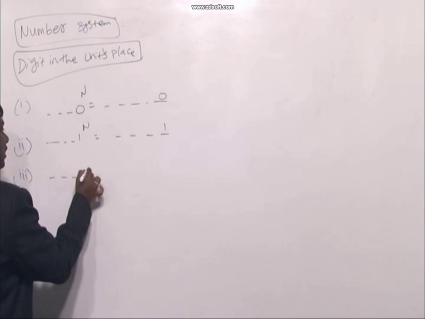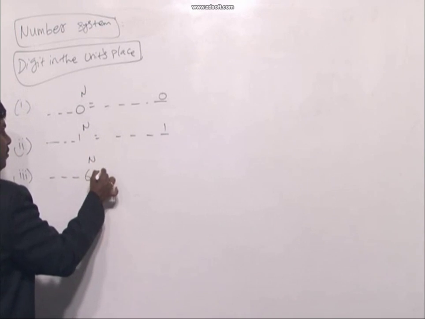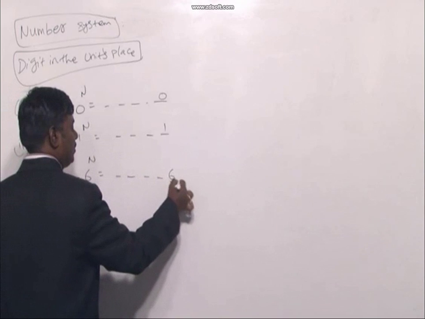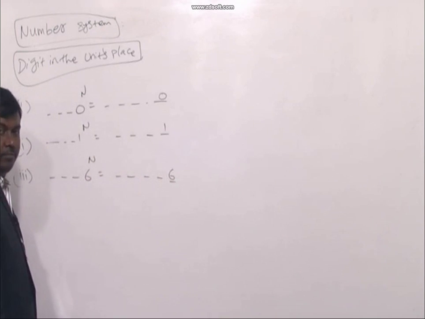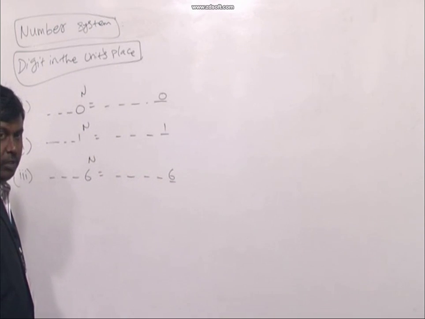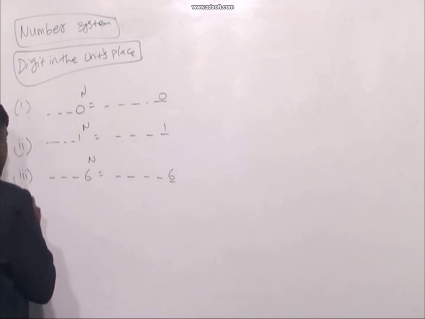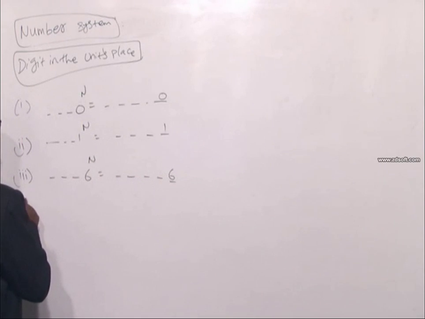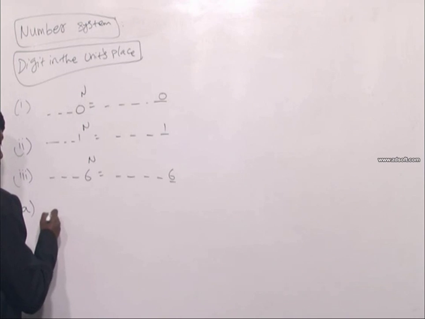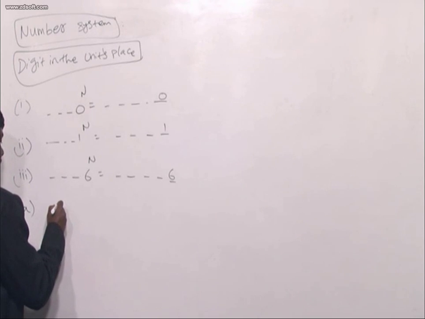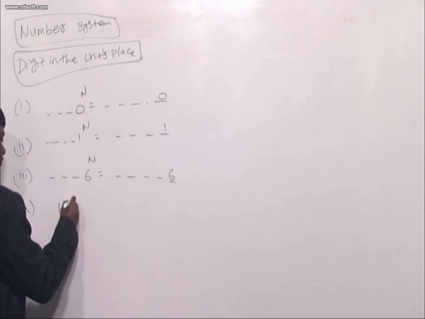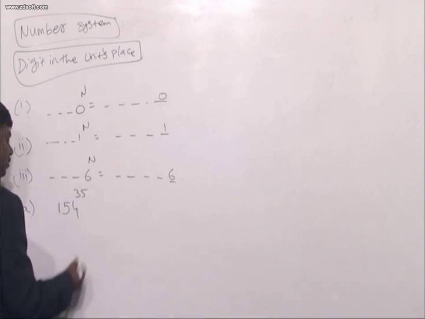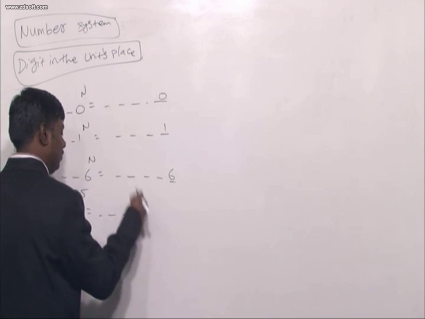Similarly, a number that ends with 6 raised to the power of n will have last digit as 6. Okay? Next. Try this problem.